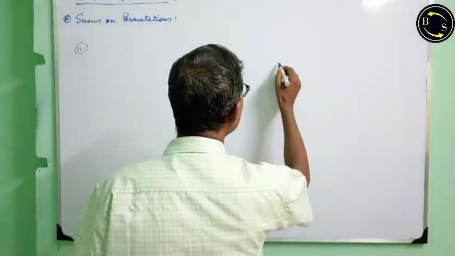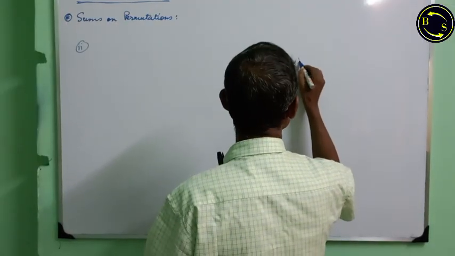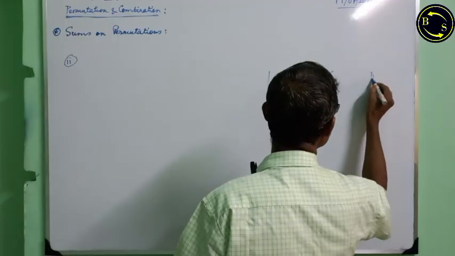I first show in the rough space vowel, then consonant, then digit.